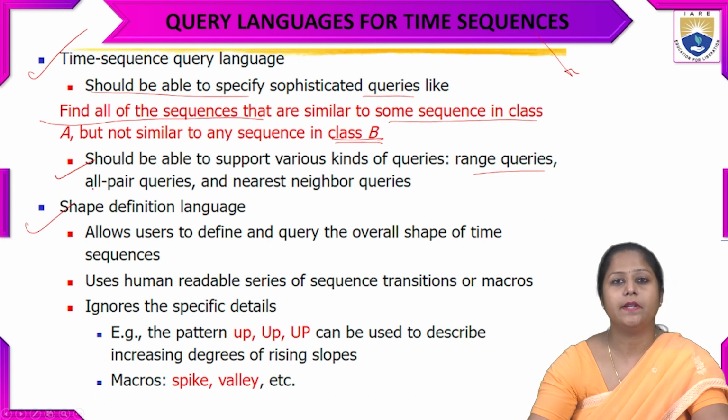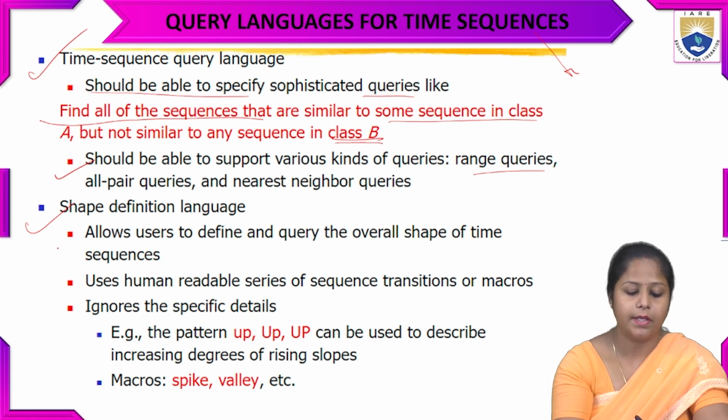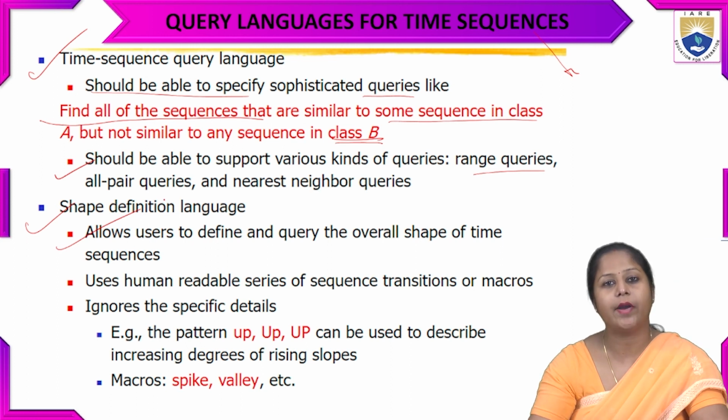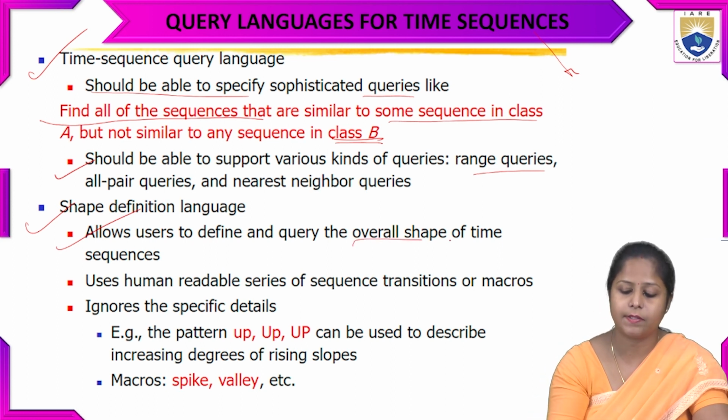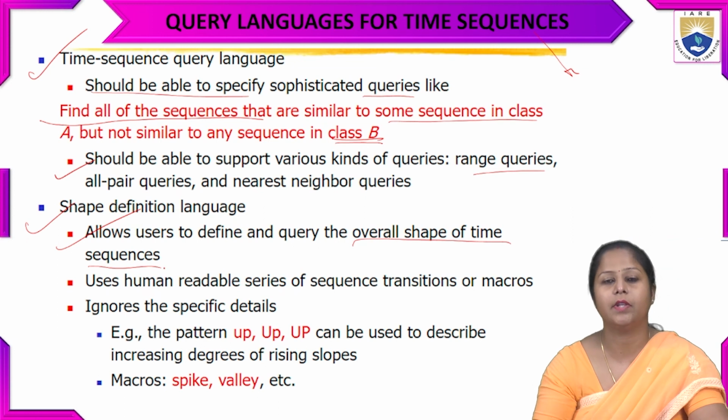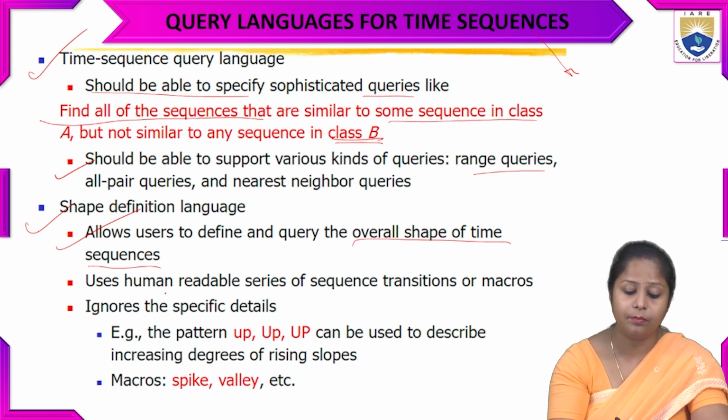The shape definition language. There is also the query language shape definition. In that, we allow the user to define and query the overall shape of a time sequence. So that is another method where we define and write the query to get the overall shape of the time sequence.